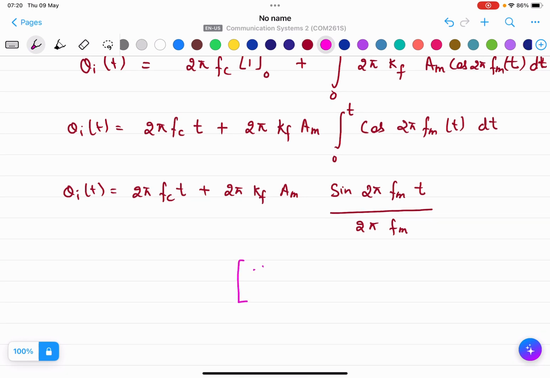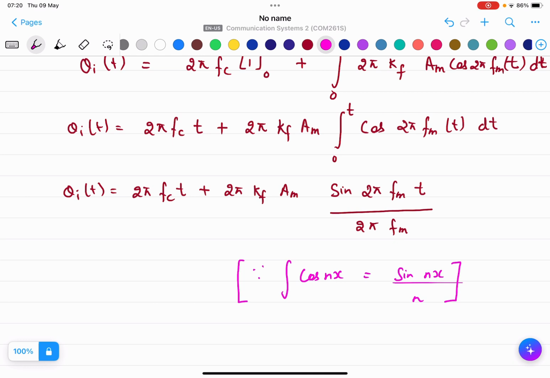Why? Because we all know the integration of cos nx equals sine nx over n. So cos nx means cos 2 pi fm t, where x is basically t and n is 2 pi fm. So it will be sine 2 pi fm t over 2 pi fm, right?